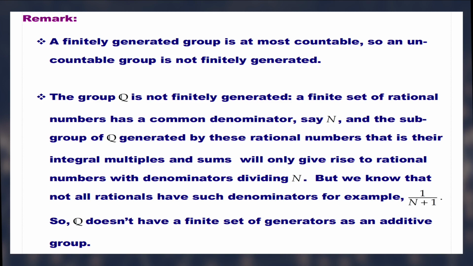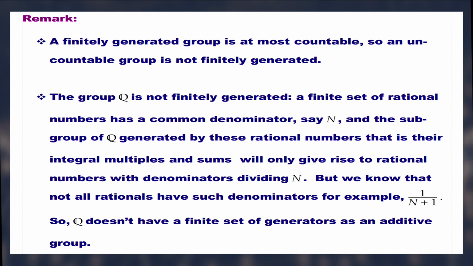The group of rational numbers Q is not finitely generated. A finite set of rational numbers has a common denominator, say n, and the subgroup of Q generated by these rational numbers, that is their integral multiples and sums, will only give rise to rational numbers with denominators dividing n.